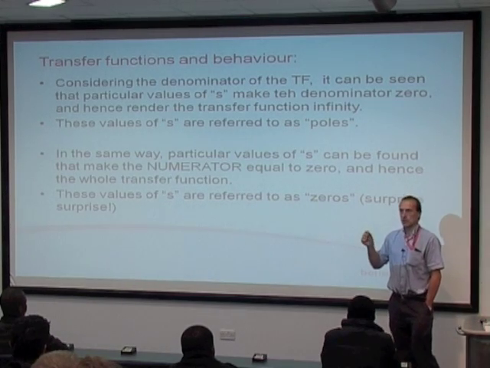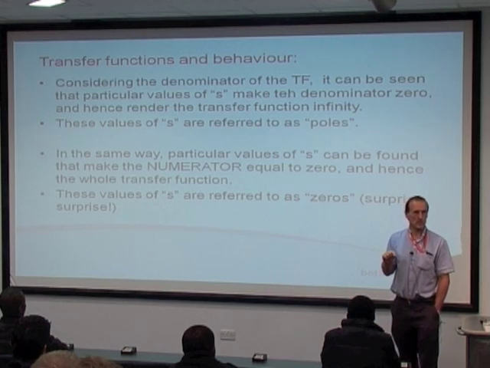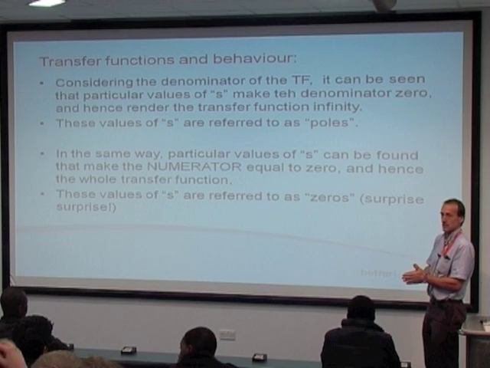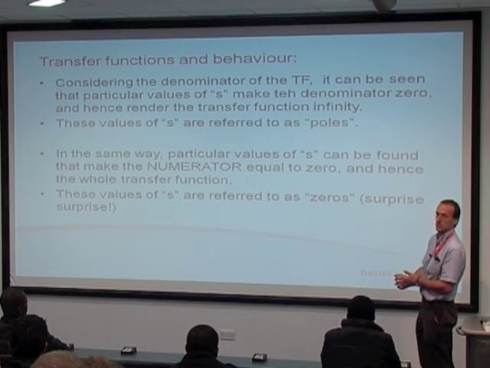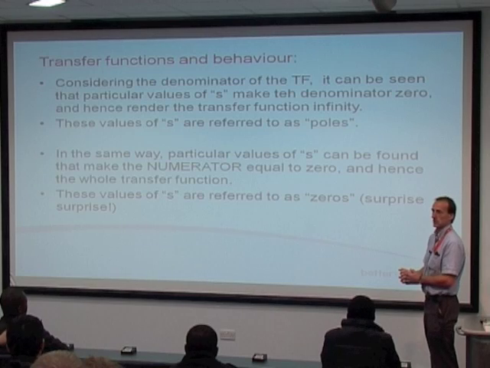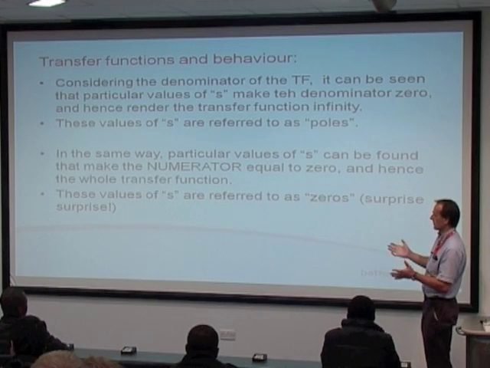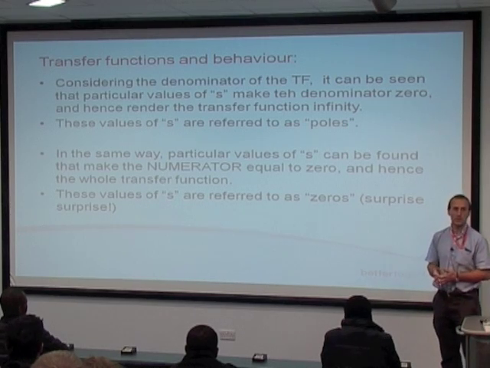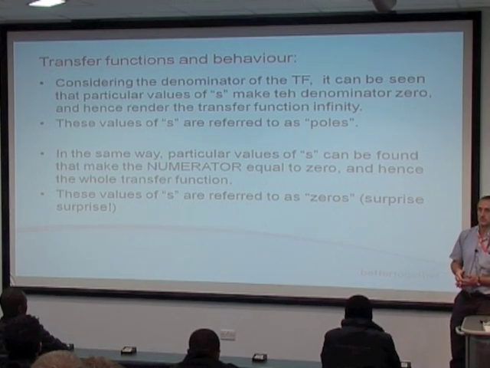If we've got s terms in the top, in the numerator of the transfer function, logic suggests there are also values of s that will make that numerator equal to 0. Okay, in just the same way, there could be values of s that make that equal to 0. And those values of s, surprise, surprise, are called zeros.